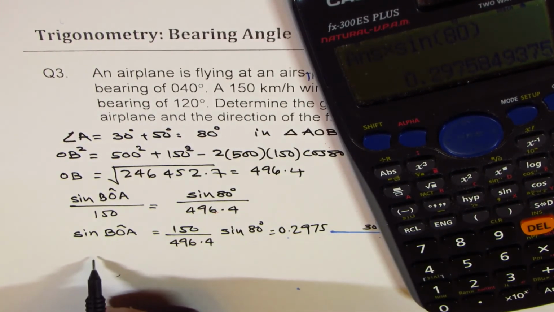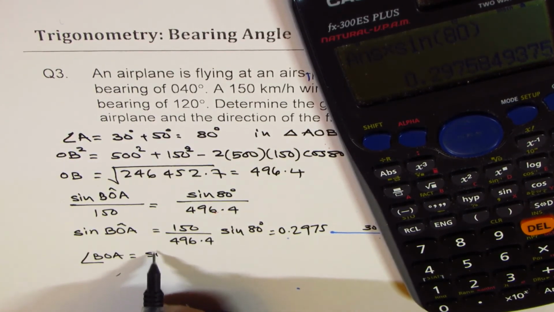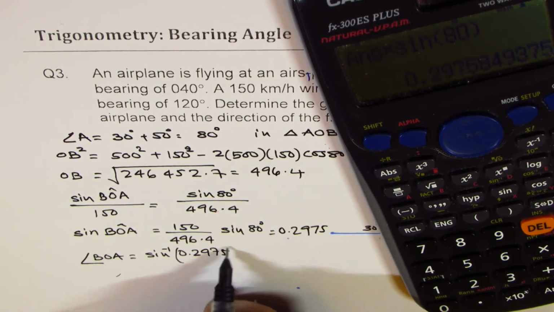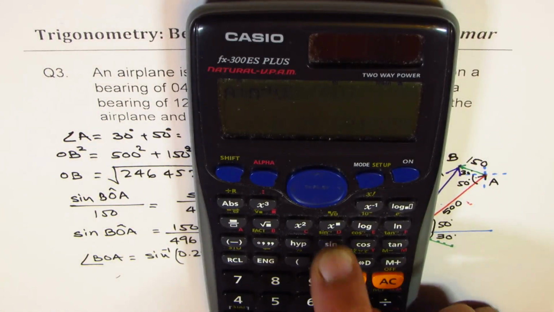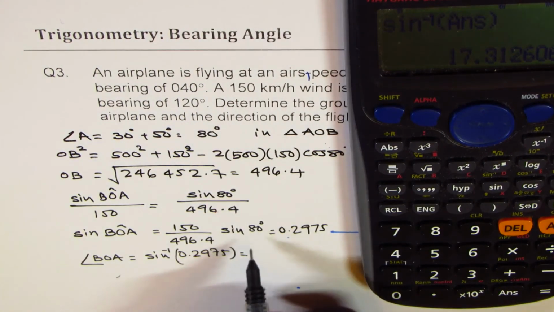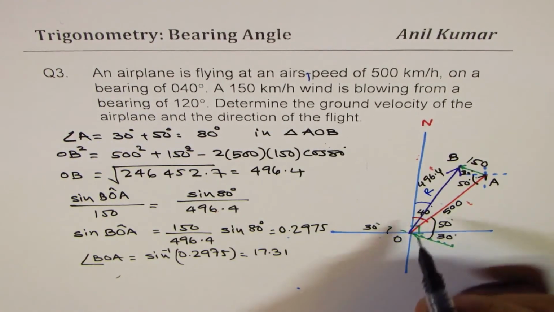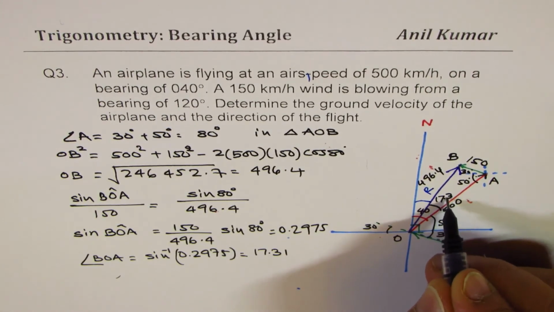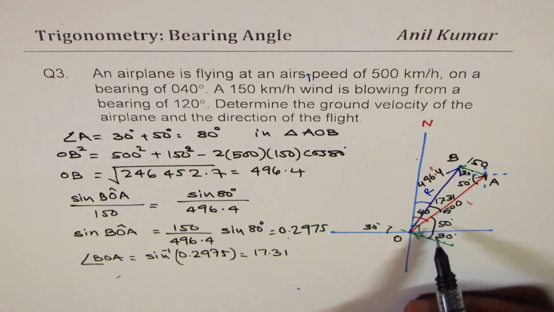This is equal to 0.2975. So we get the angle BOA equals sine inverse of 0.2975. So we do sine inverse of the answer, and that gives us 17.31. So the angle which we get here, this angle, is 17.31.